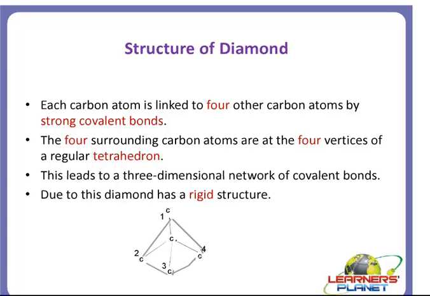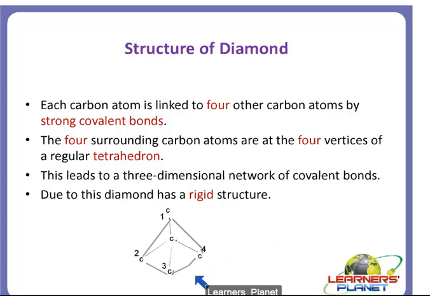Right? So what am I getting here? I am getting a tetrahedron. So these carbon atoms are present at the vertices of the tetrahedron. Now what does this lead to? This leads to a 3-dimensional network of covalent bonds. Every carbon atom in diamond, children, is linked to 4 other carbons by a covalent bond.